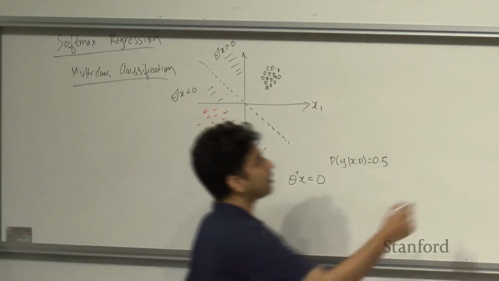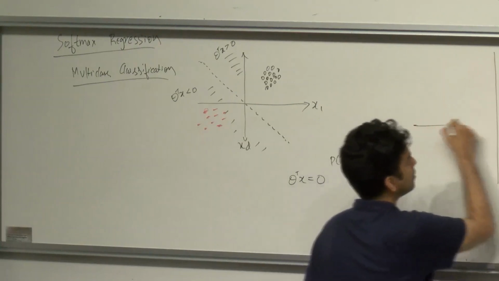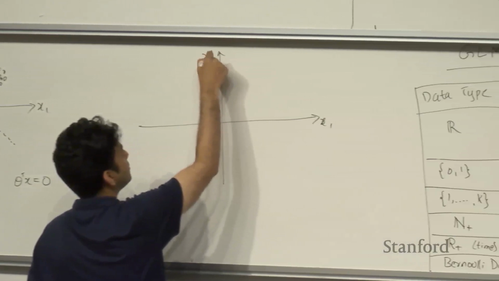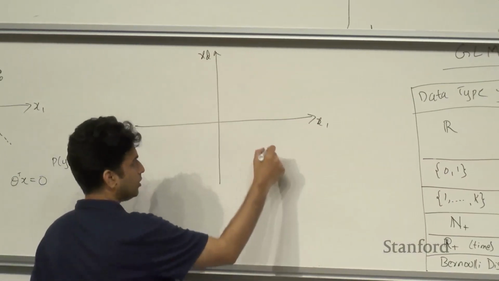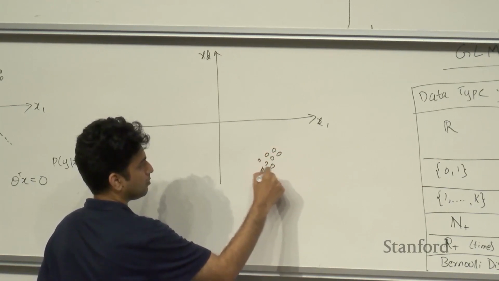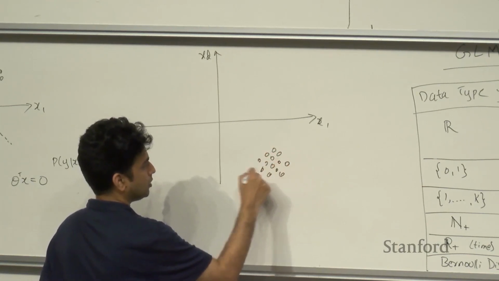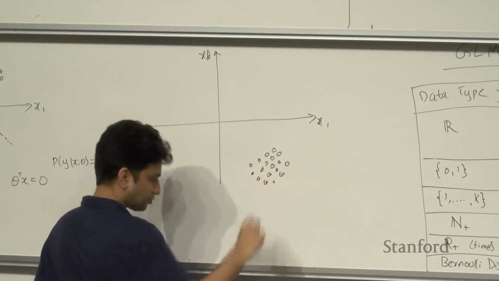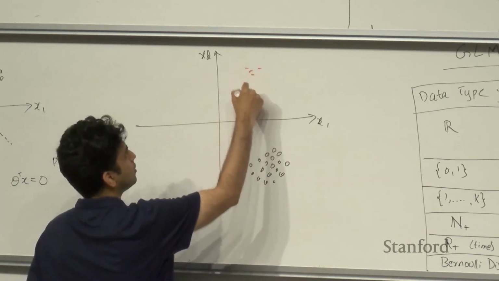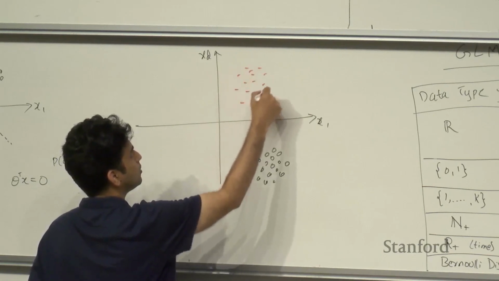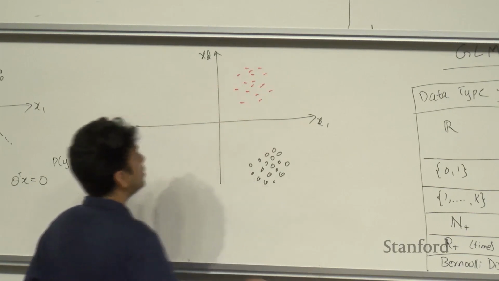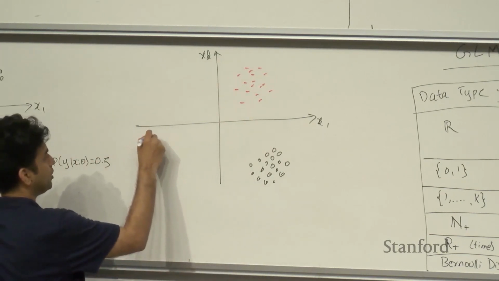Now, what happens in the case of multiple classes? Again we have inputs x1 through xd. Let's assume there's one class over here and another class over here, some examples over here, and let's use another color and say some examples over here.